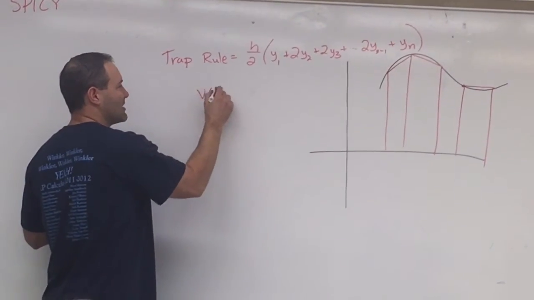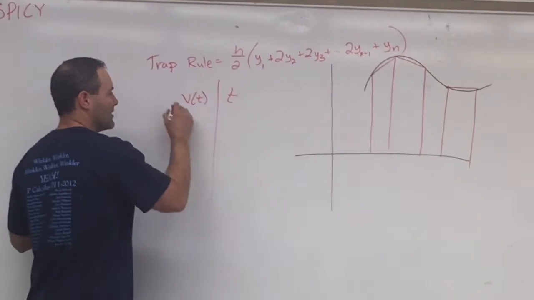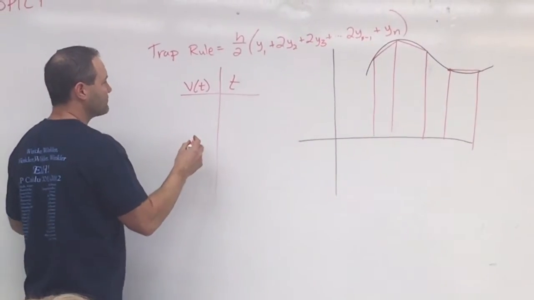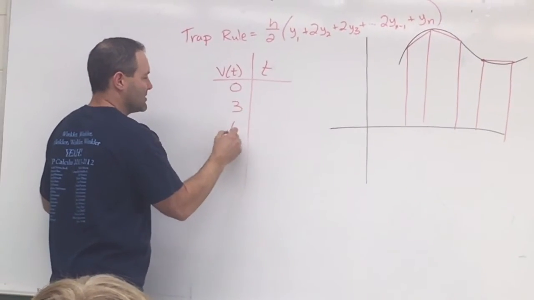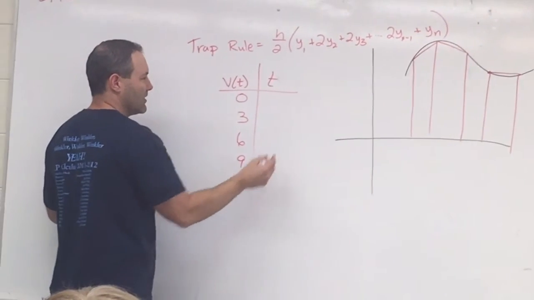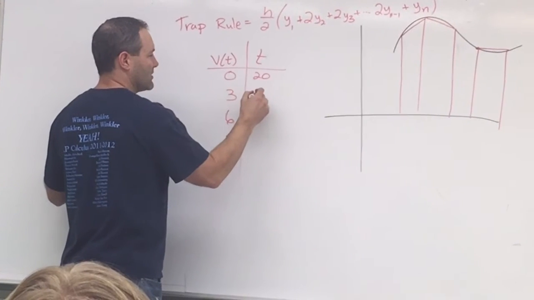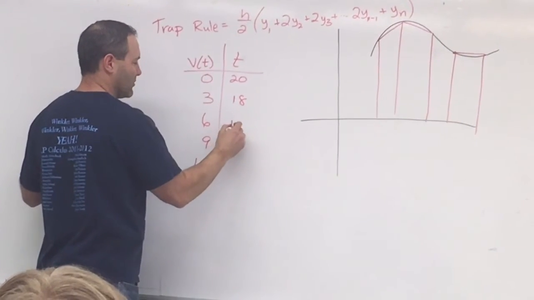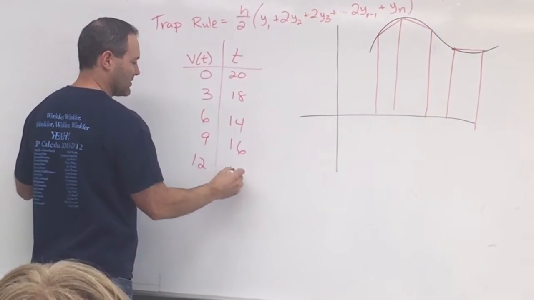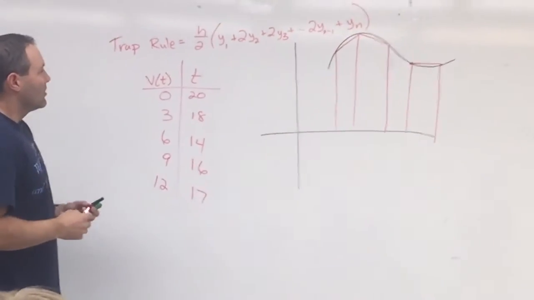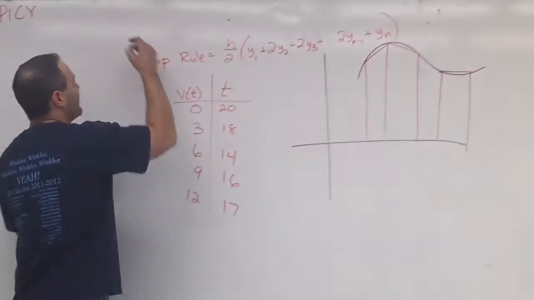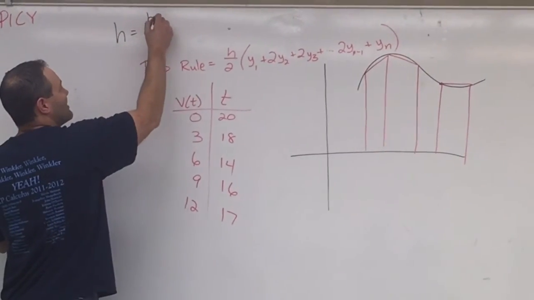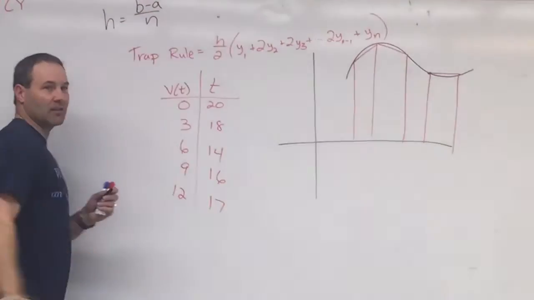Okay, so let's say we have velocity and time, and I've got velocity of 0, 3, 6, 9, 12, 20, 18, 14, 16, and 17. I did not explain what the h is. h is equal to b minus a over n.